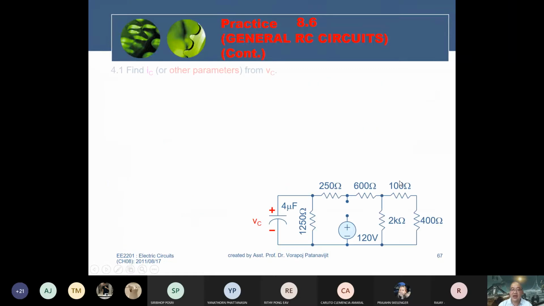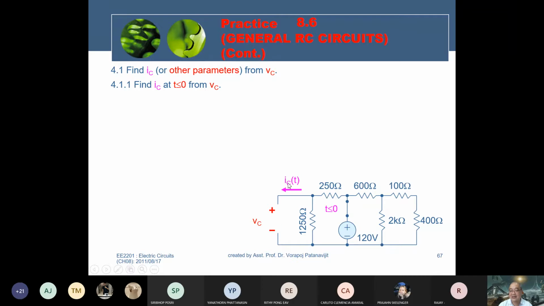After that, if the questions ask you for the other parameters such as IC, the capacitance current, very easy. You can derive it from VC directly, for both time less than 0 and time greater than 0. For time less than 0, the capacitance voltage is constant, fixed, equal to 100 volt.